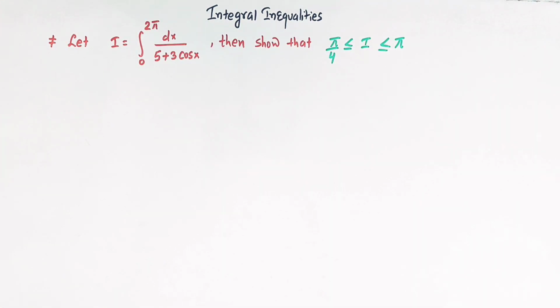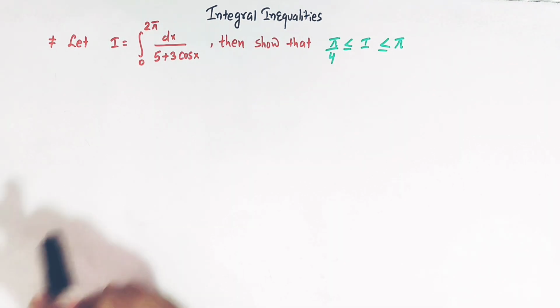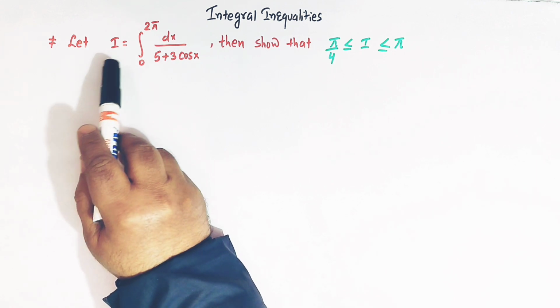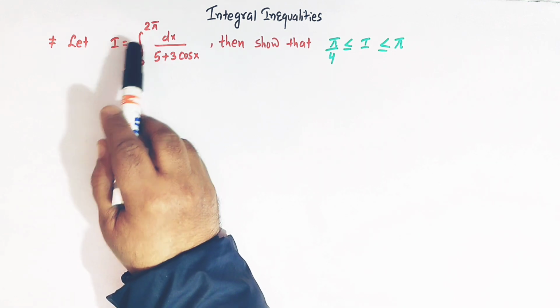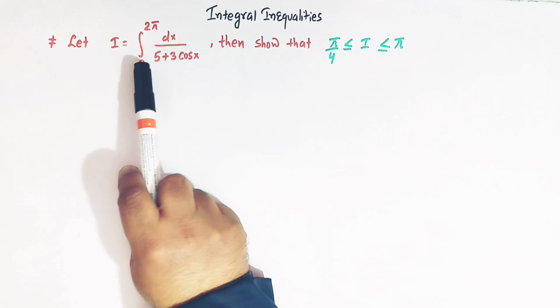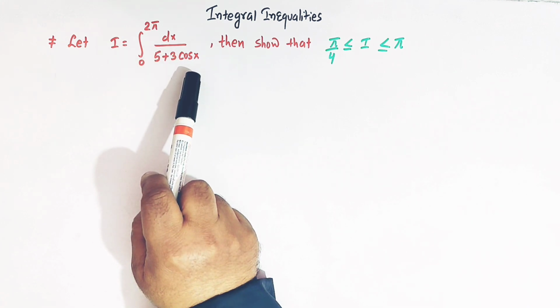Hello viewers, in today's class we are going to discuss another problem from integral inequalities, right? So in this lecture we'll see a very important problem from estimation of integrals, in which we are given an integral I is equal to integral from 0 to 2 pi of dx over 5 plus 3 cos x.